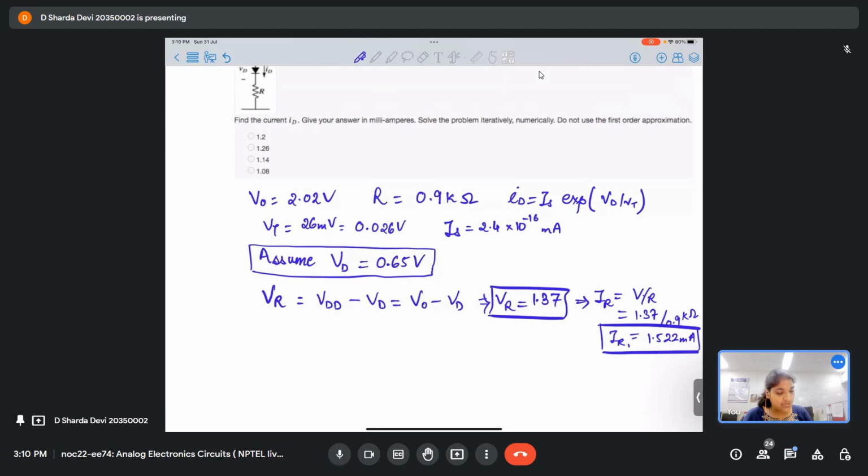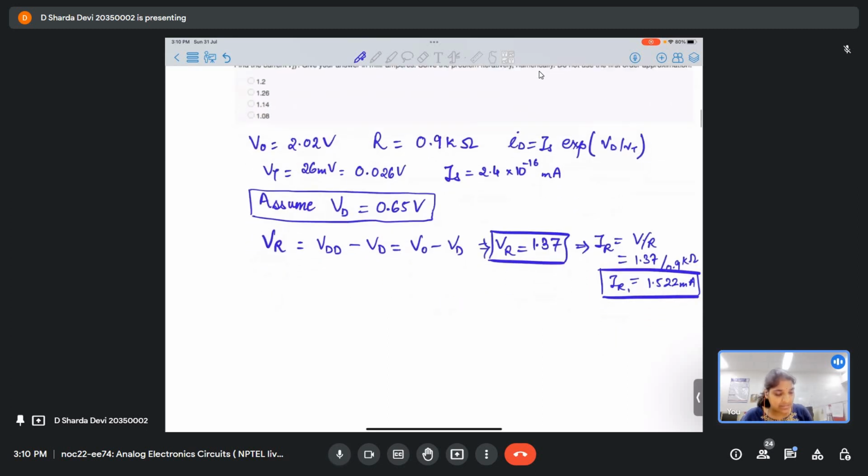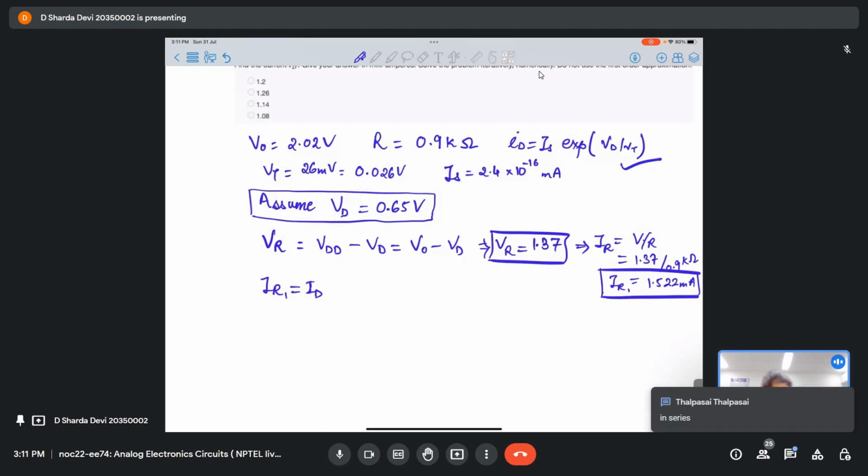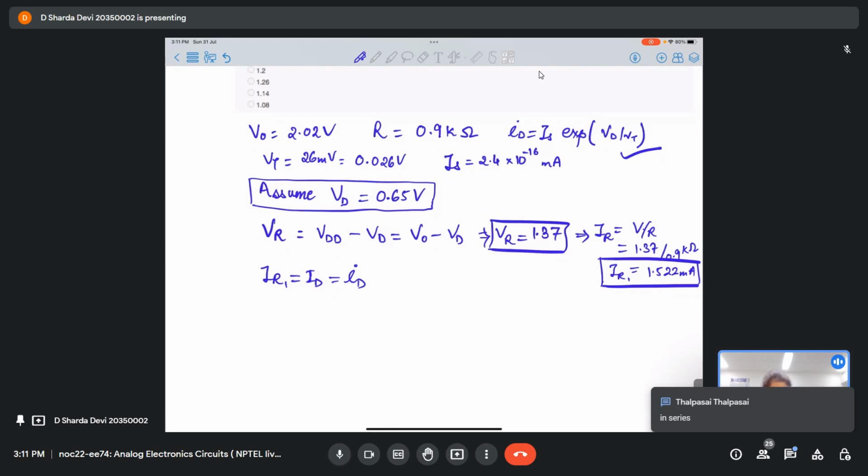Now we need to check whether, with this current, we are able to achieve the same Vd as we assumed. So we'll backtrack using this equation. We know that IR is equal to ID, since the diode and resistor are in parallel, so the same current flows through both elements. So we'll simply backtrack from this equation and find Vd.